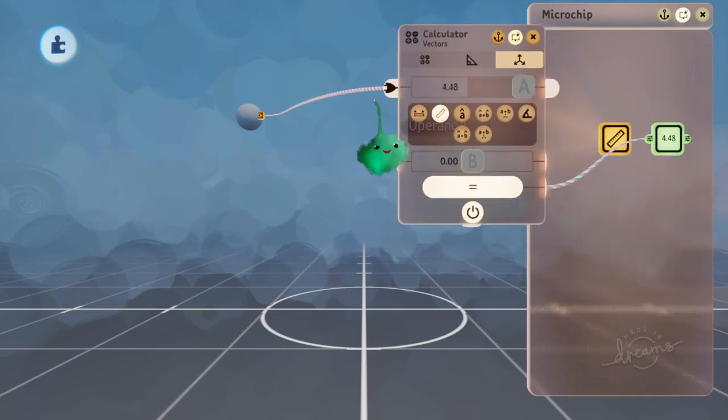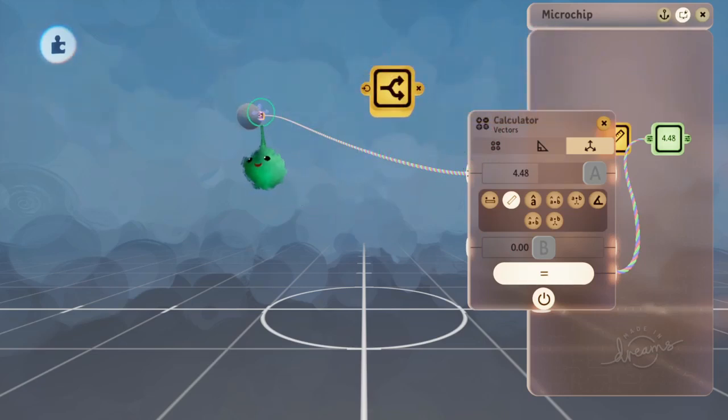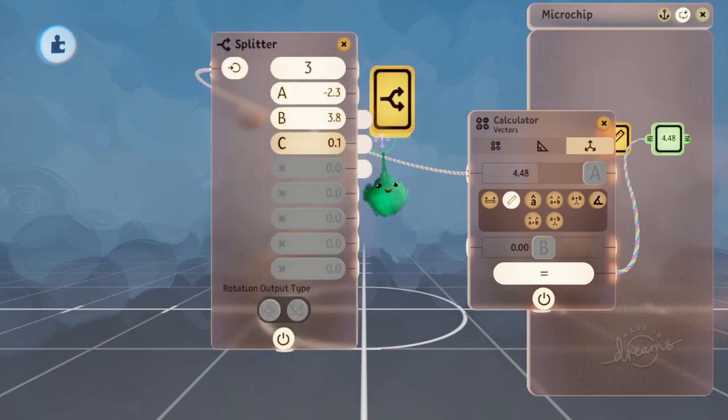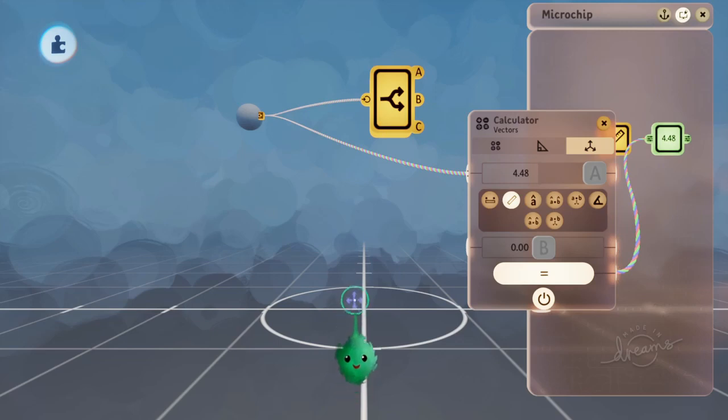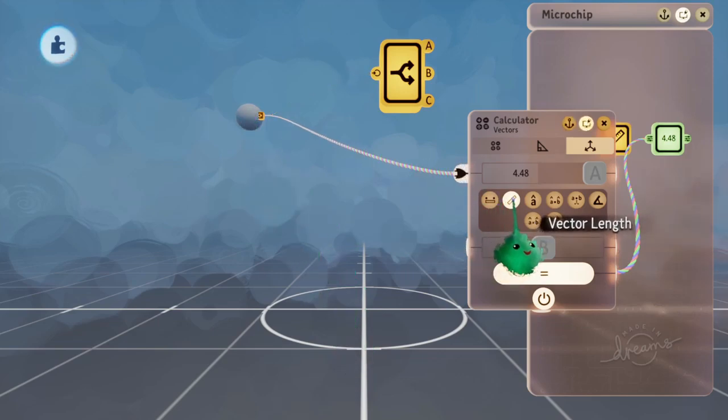And the interesting thing is these wires, so this is a fat wire, and as we saw a bit earlier, because this is a 3D vector, we have these three numbers when we split it. It's a three-number type of fat wire, but even that has the distance in it, known as the magnitude or the length.